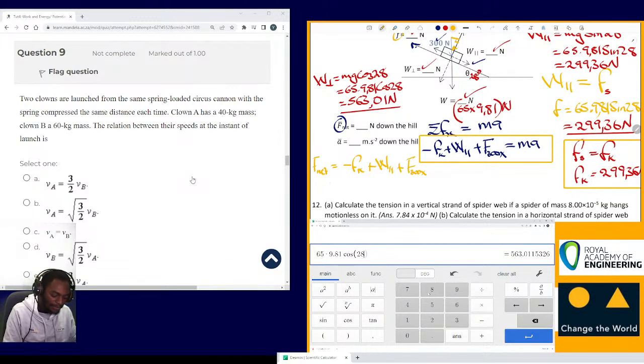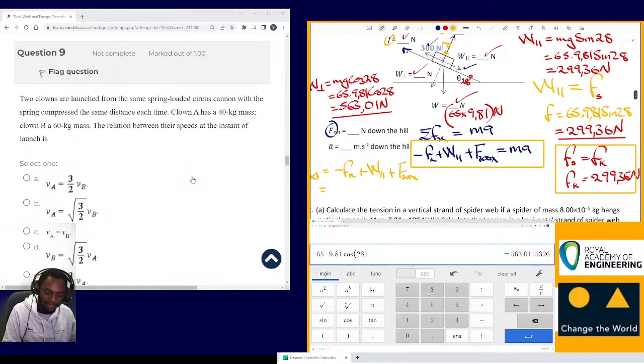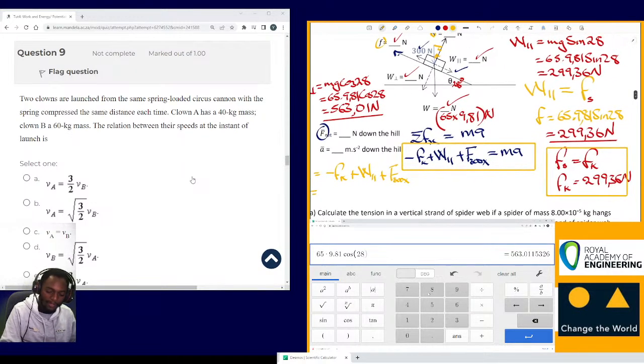Right, so let's substitute our Fk. The component of the weight down the slope and the kinetic friction, we realize that they are the same. So I'm going to highlight this again.